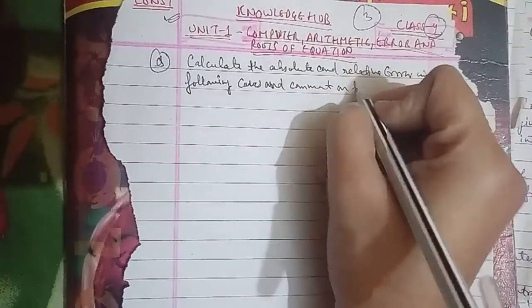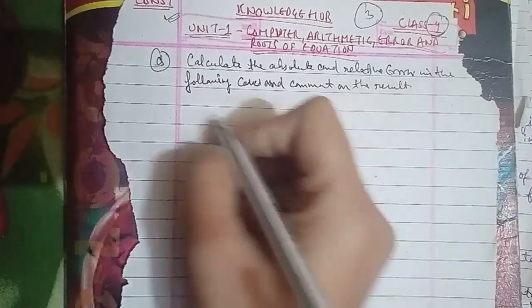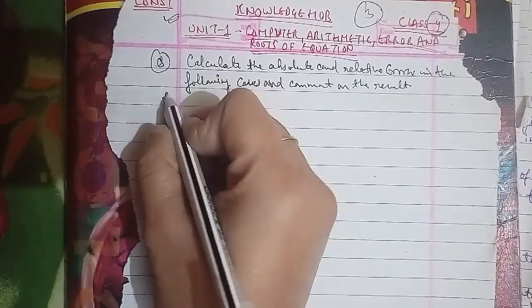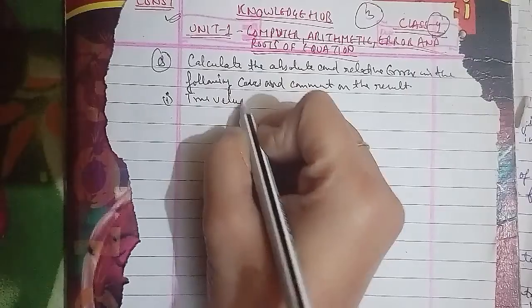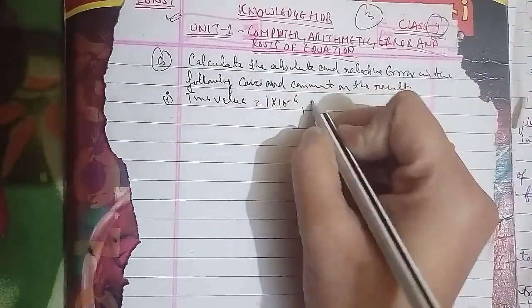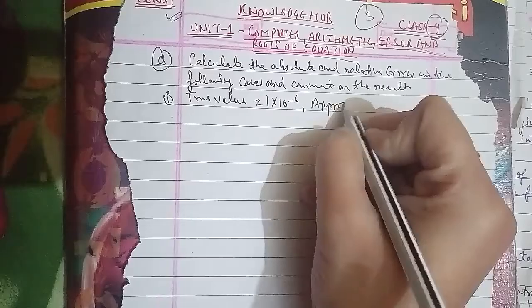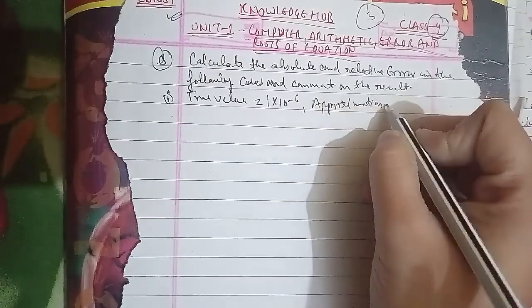First we have the true value equals 1 into 10 to the power minus 6, and the approximation value equals 0.5 into 10 to the power minus 6.